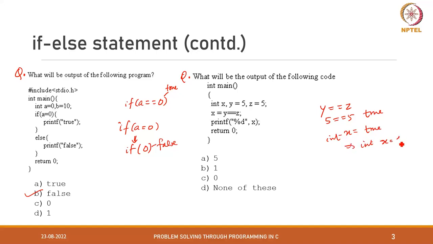Because it is true, as an integer, it will store 1, because true is a boolean value. True and false are boolean values. So it will convert it to an int value, which is basically true, which is basically 1. So here 1 will be printed. So B is the correct option here.